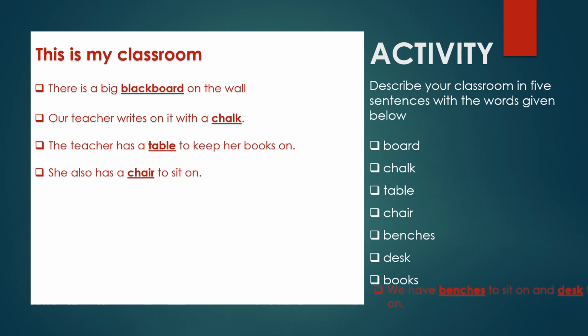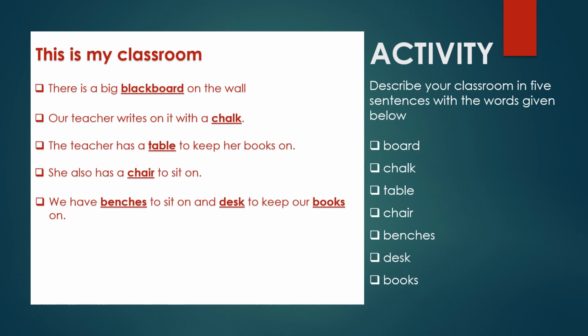Next is benches. We have benches to sit on and desks to keep our books on. So, we learn with the help of these words how to describe a classroom.